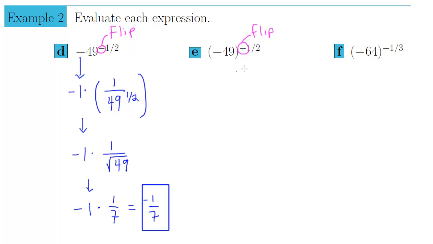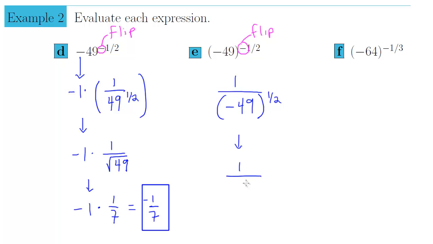Okay, so what happens is you get rid of this negative exponent by flipping, but the result has a -49 still in parentheses to the 1/2 power.